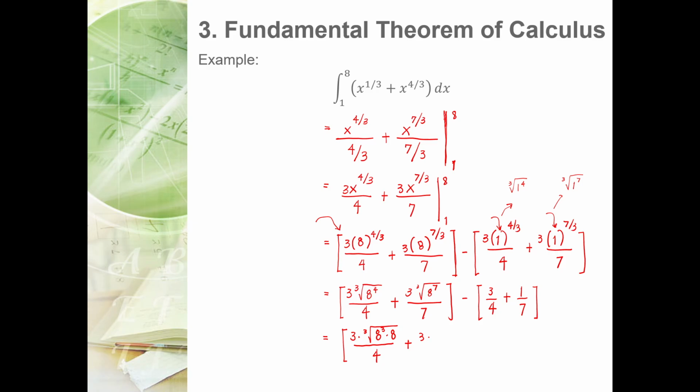The other one is 3 times the cube root of 8 to the power of 7, and the answer for this one is 128. How did I do this? Take the cube root again. Notice that we can create 8 cubed, then times 8 cubed, and times 8.